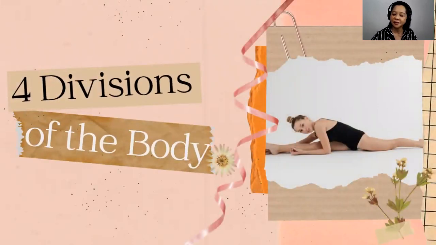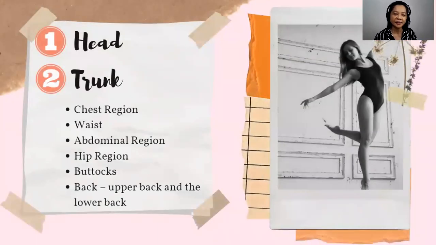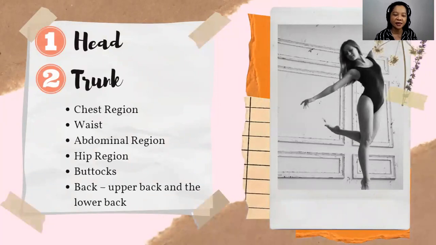Okay? So next is the four divisions of the body. We have the head, the trunk, the chest region, the waist, the abdominal region, the hip region, the buttocks, the back, upper back, and the lower back. So that is the trunk.